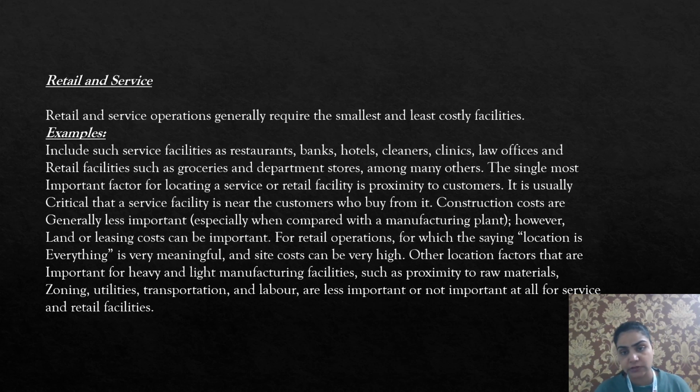Among many other factors, the single most important factor for locating a service or retail facility is proximity to customers. It is usually critical that a service facility is near the customers who buy from it.